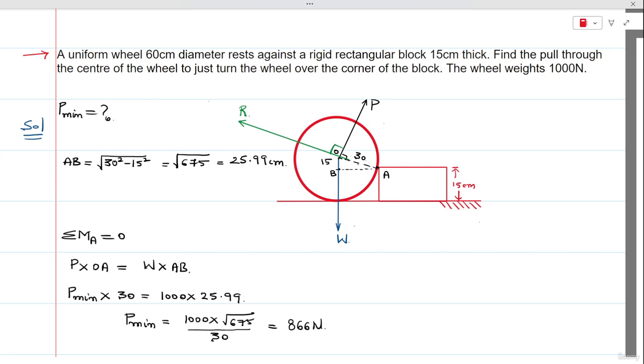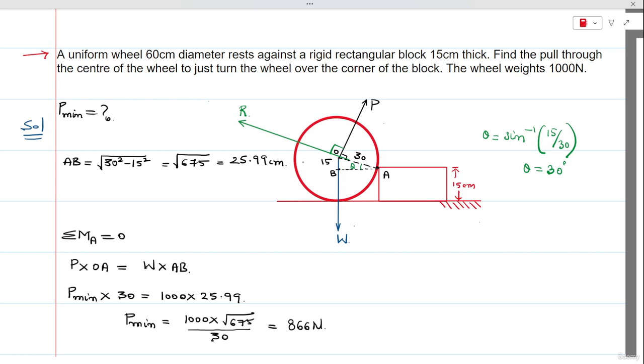So here the force R, let us calculate this angle. Let us call this angle as theta. Theta is equal to sine inverse of 15 by 30, which is 1 by 2. So here theta will be equal to 30 degrees.